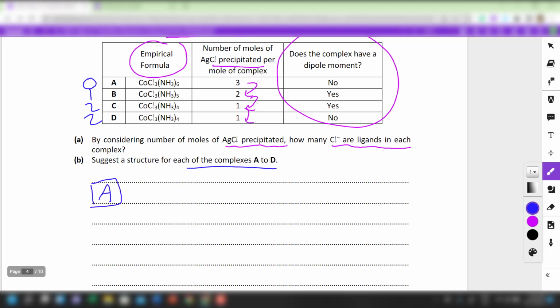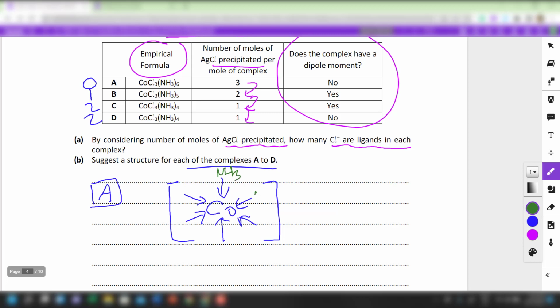For the first complex A, all the 3 chlorides are not part of the ligands. So what we need to draw here is simply a big square bracket, and then we have a cobalt center. Then we have dative covalent bonding towards the cobalt center. Remember we need to represent a dative covalent bond with an arrow, and then we'll input this as NH3.